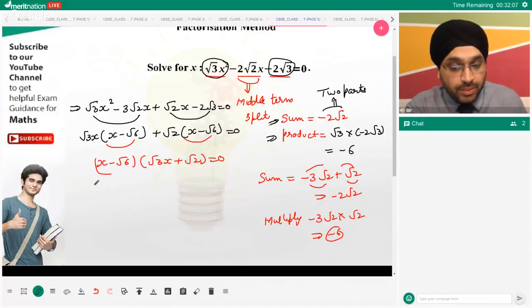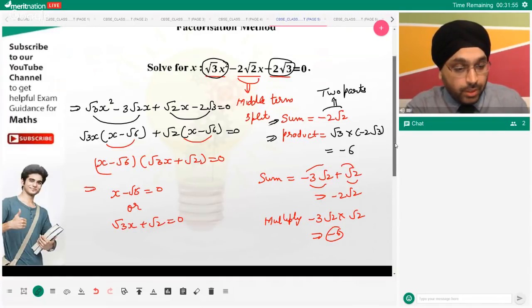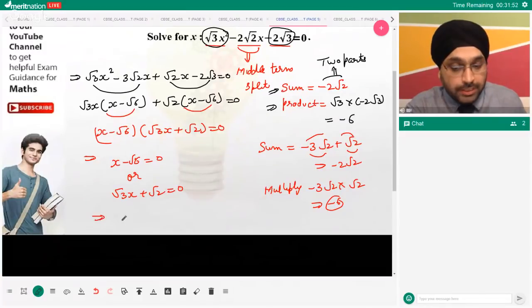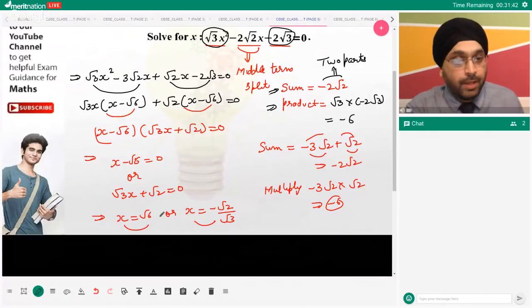This factorization implies that x minus root 6 is 0, or root 3 x plus root 2 equals 0. Further, x will be root 6, or x will be minus root 2 by root 3. So these are the two roots of the quadratic equation. I hope you are well clear on how we can split the middle term and how we can factorize the quadratic equation to find its roots. Okay. So, guys, let's move forward then.